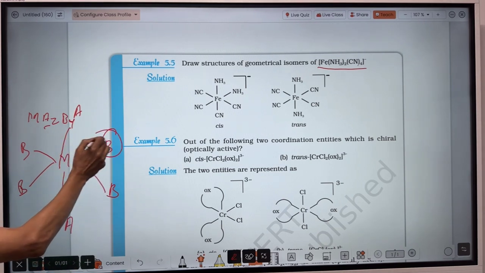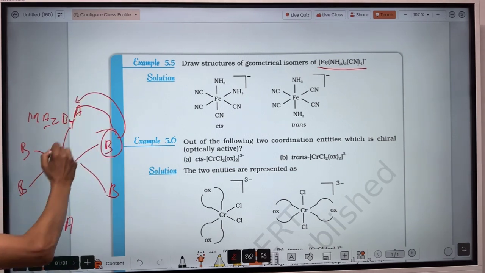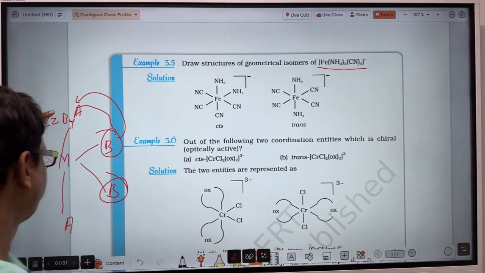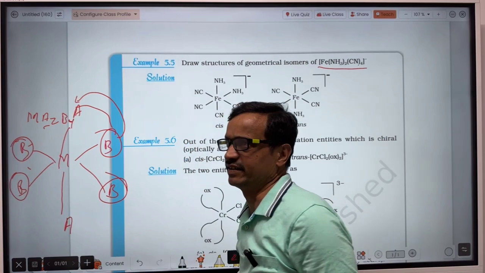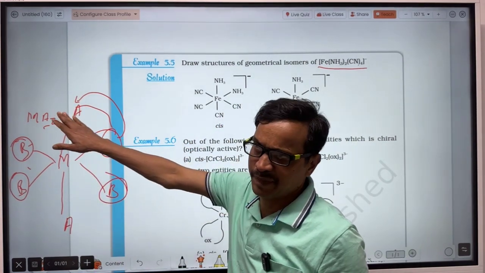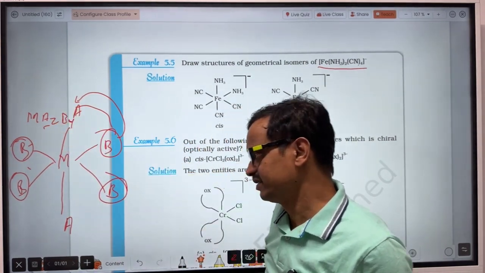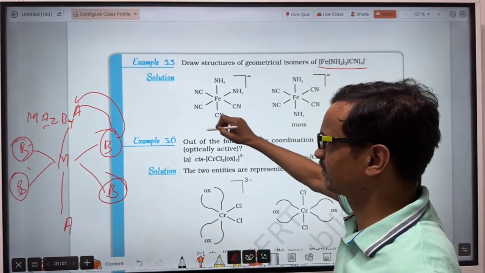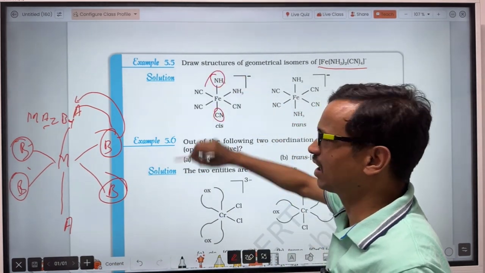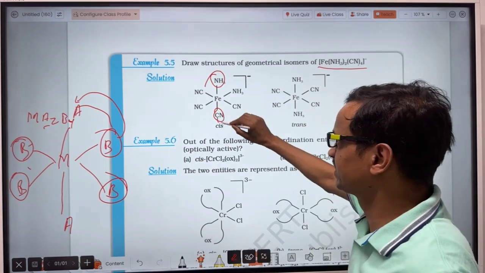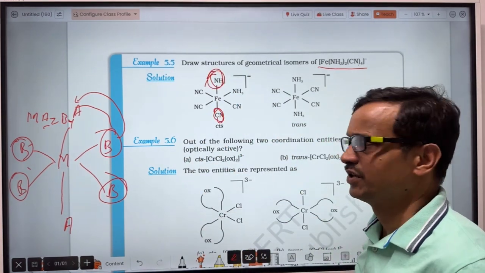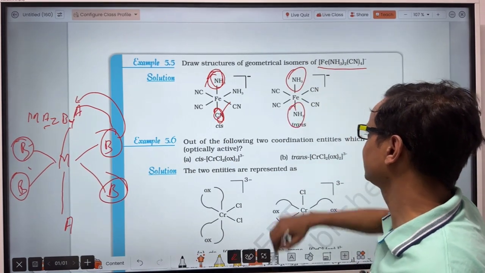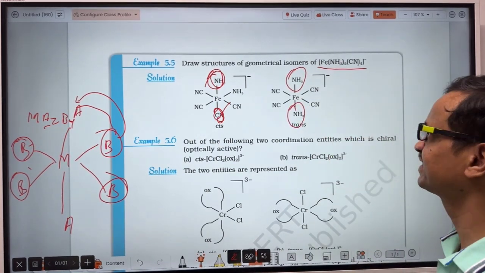If from any corner you exchange a ligand with the perpendicular plane, then that will be cis, otherwise trans. In this compound, this ligand and this ligand are opposite, so that is cis. Now here this ammonia and this ammonia are opposite, so that's trans.